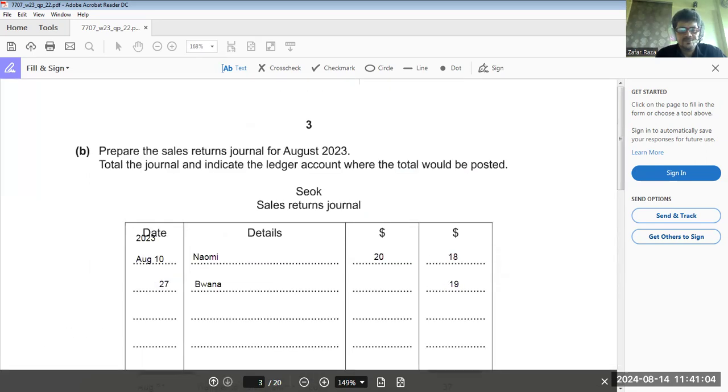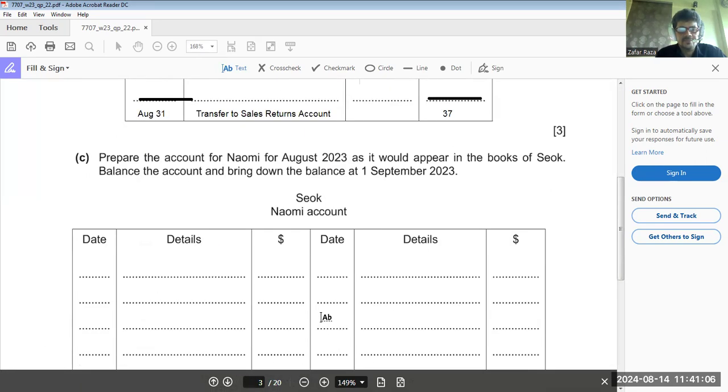Okay, that's complete. Now, prepare the account for Nomi for August as it would appear in the books of SEO. Balance the account and break down the balance at 1st September 2023. So this is the sales ledger account, but only for one customer, that is Nomi.